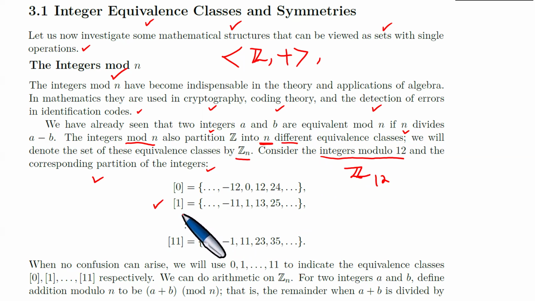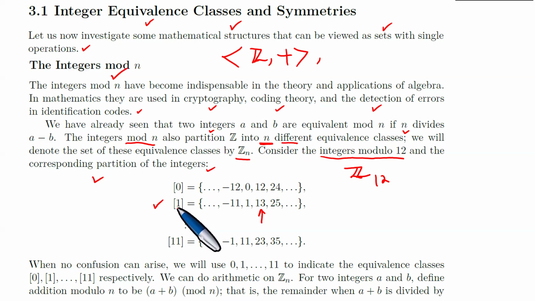For instance, the class equivalent to 1 modulo 12 would obviously contain the integer 1, because 1 is equivalent to 1 modulo 12. 13 is also equivalent to 1 modulo 12. And how do we know? Well, we look at the remainder when 13 is divided by 12.